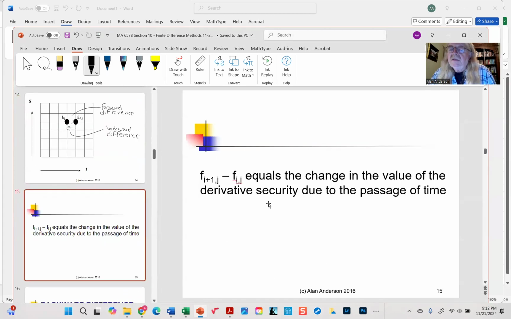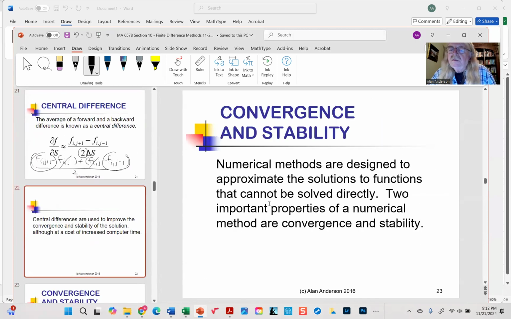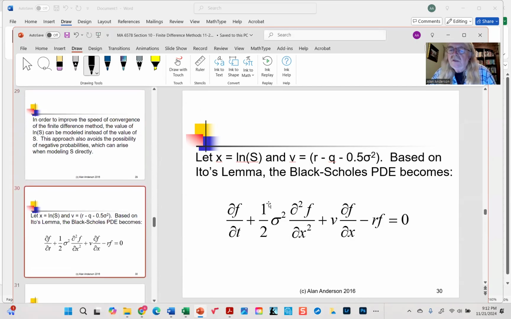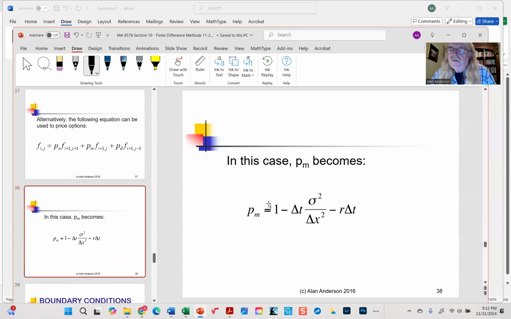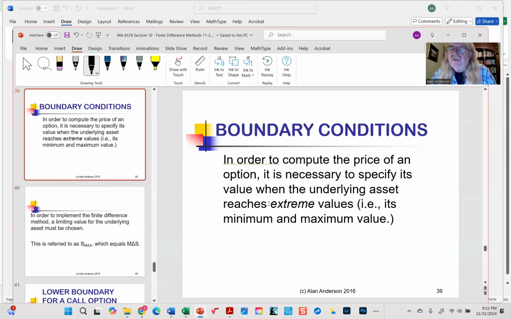So these are called boundary conditions.